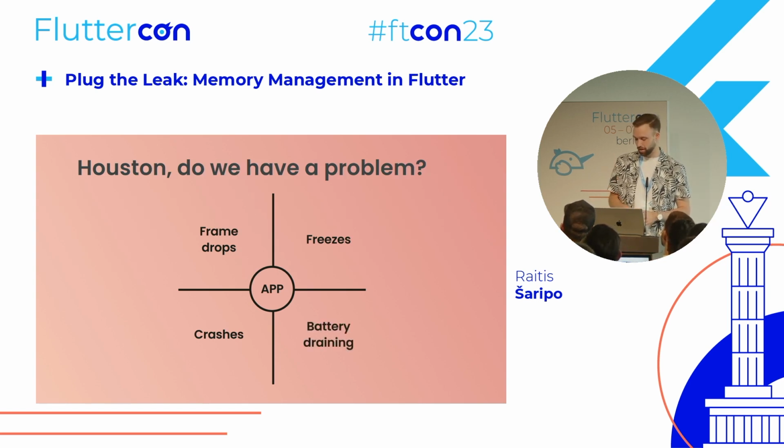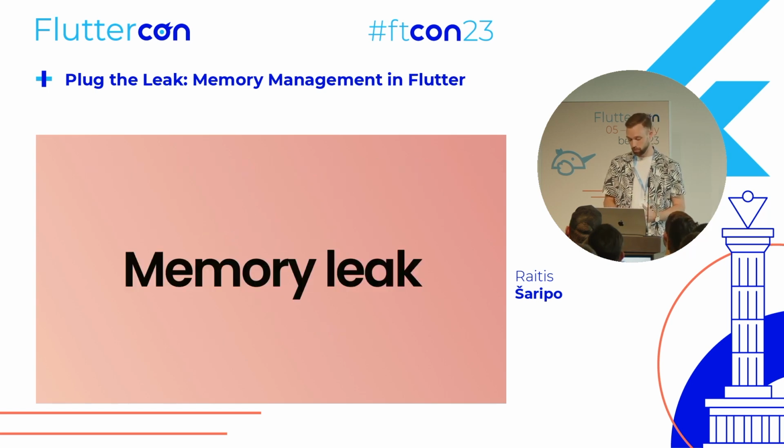And let's just add increased battery consumption to the list as well, because sometimes our app just uses more computational power than is actually necessary. And if you have experienced, I think almost all of you raised your hand. So if you have experienced any of these symptoms, the chances are that your app was actually leaking memory.